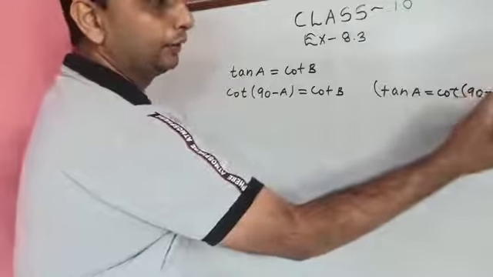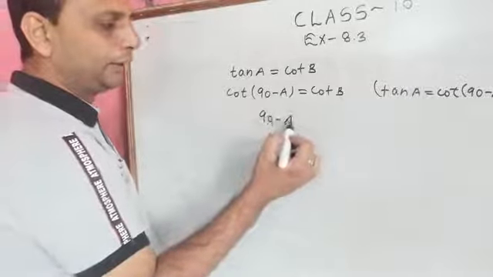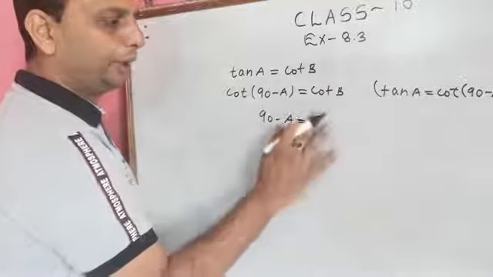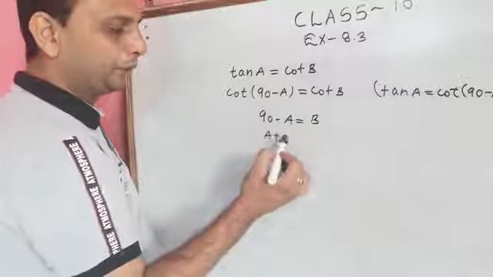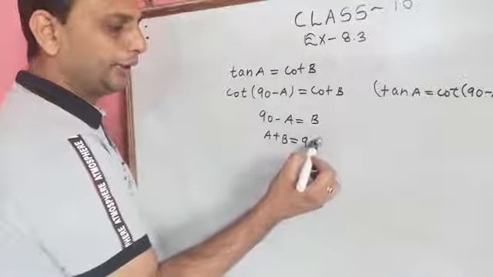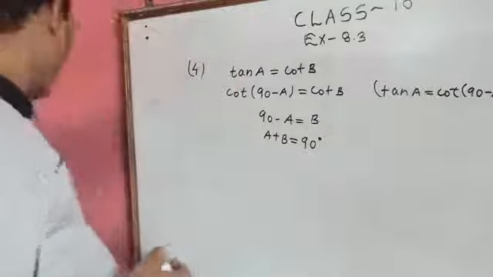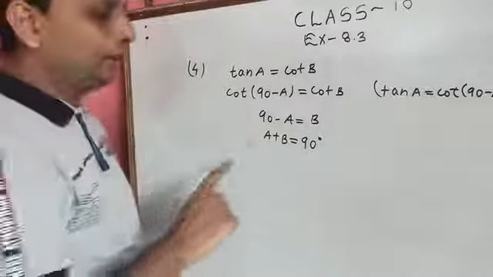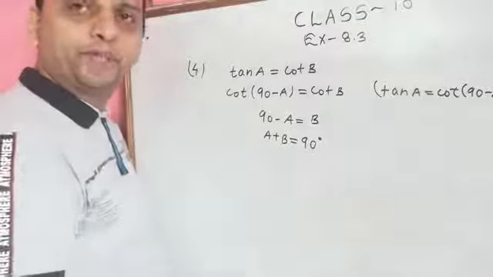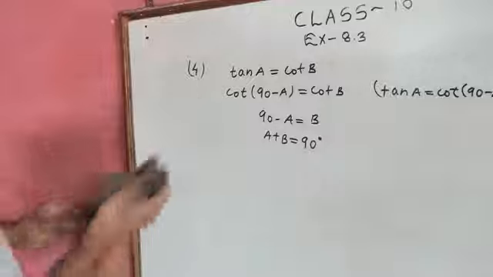Cot and cot cancel. 90 minus A equal to B, and A plus B equal to 90 degree. This is the fourth question. So the fourth question also gets completed. A plus B equal to 90 degree.